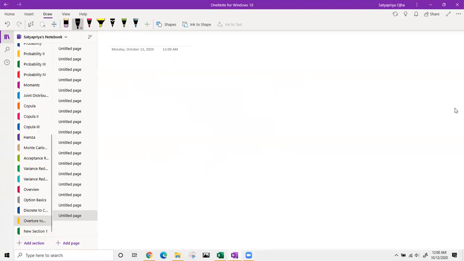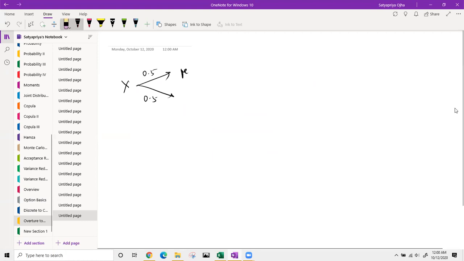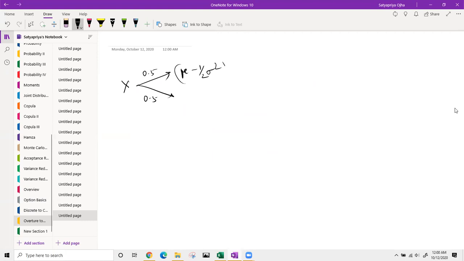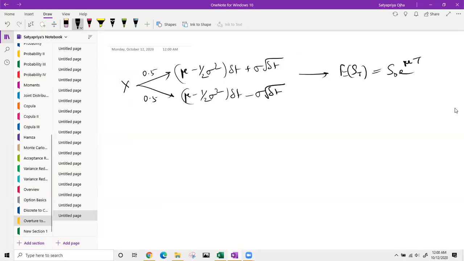So we came up with a process, a discrete process, which leads to this: the average growth rate of the stock is mu.